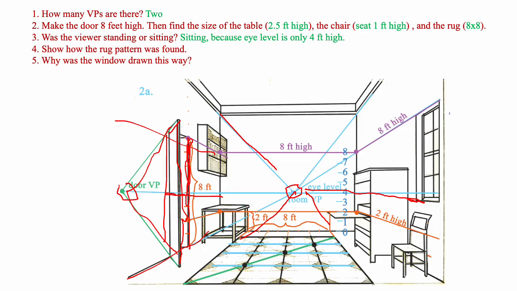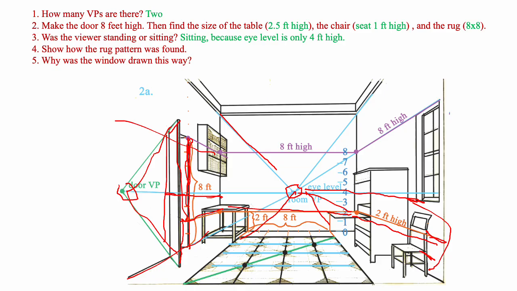Now, that is consistent with the viewer sitting on a chair looking at the room when he was drawing this picture. Now, there's something weird about this chair, so I measured 2 feet up from our scale and went across the room, and this is converging toward this vanishing point, of course. And so 2 feet here means that the seat is about 1 foot off the ground, so it's probably a child's chair.